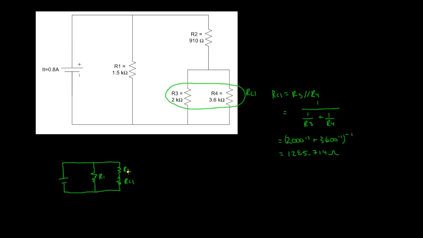So again, we can see that R2 is in series with RC1. I'm going to circle R2 and RC1 and call this new equivalent resistance RC2, or R combination 2.